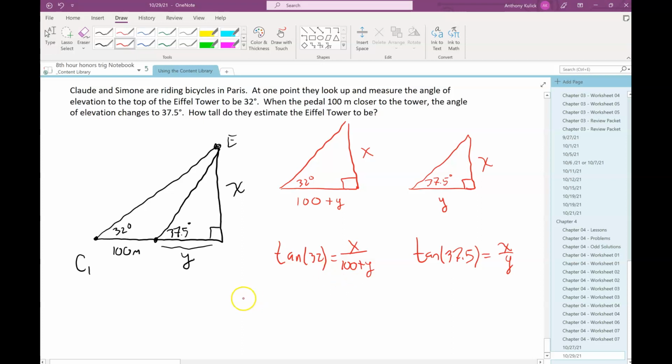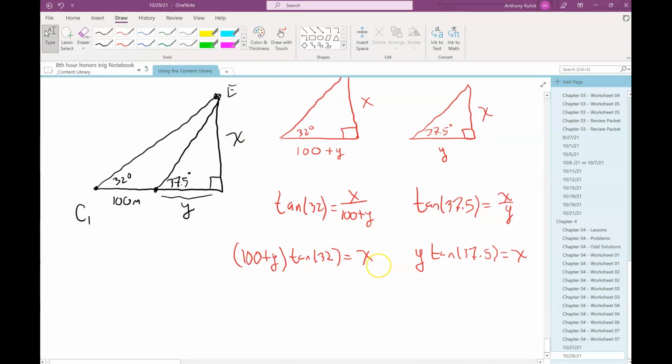So for the first equation, I'm just going to multiply both sides by 100 plus y. That gets x by itself. And I multiply the other equation by y. That gets x by itself. This is why substituting for x is going to be easier, because I don't have any fractions anymore.